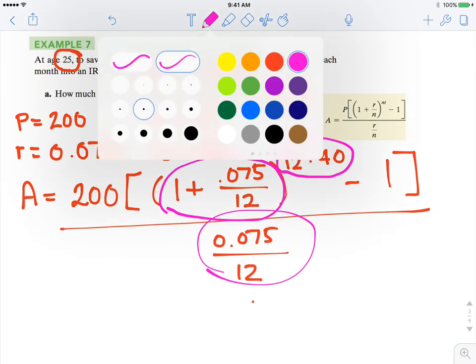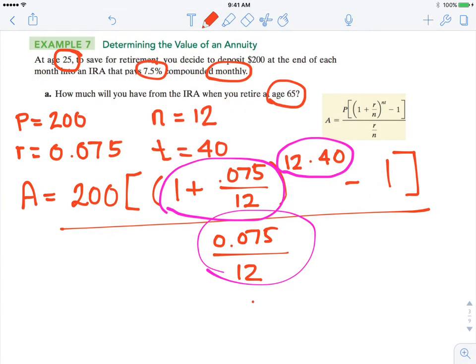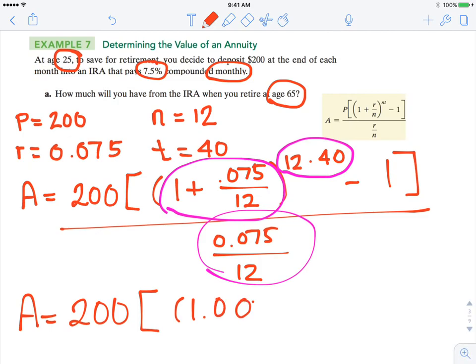So I'm just going to go ahead and change colors, and these are the suggestions that I would simplify before you substitute it into your calculator. All right, so let's go ahead and do that now. So 200 stays as it is. We're going to simplify that parentheses, so 1 plus 0.075 divided by 12 will give you 1.00625.